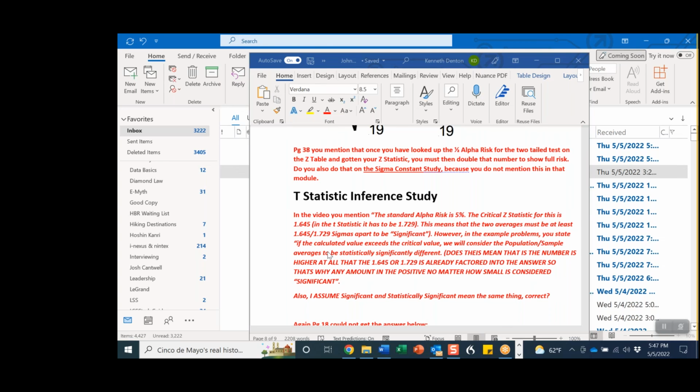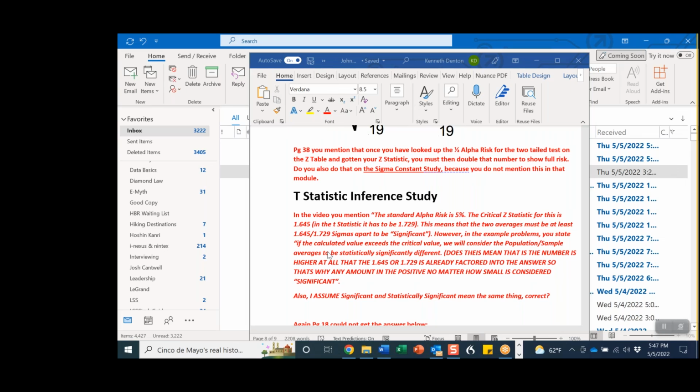I don't know where you picked up on that, but it's wrong. It's very simple. Is the calculated statistic equal to or greater than 1.645? If yes, then it's statistically significant. Okay. All right.